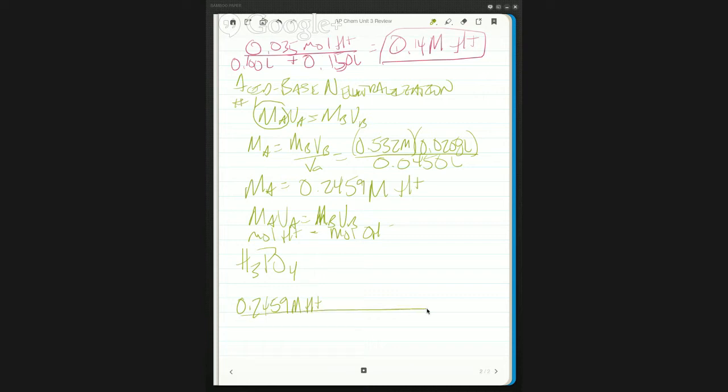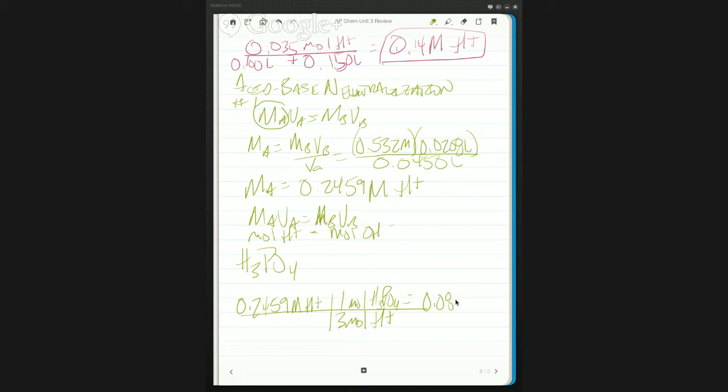I make a bridge: for every 3 moles of H+, that's 1 mole of H3PO4. So you divide this by 3, and I get 0.081967.